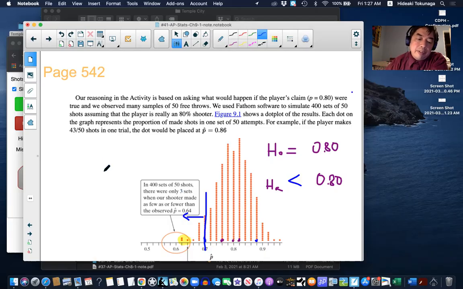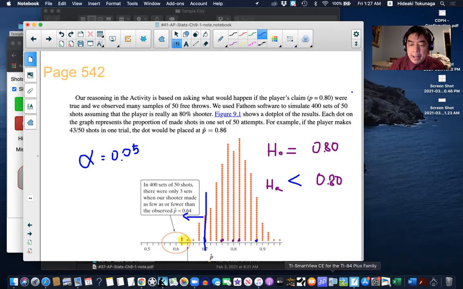If its alpha level is 0.05, which might be in this cutoff line. How do you find the alpha level? Okay, we have to assume this is normal model.